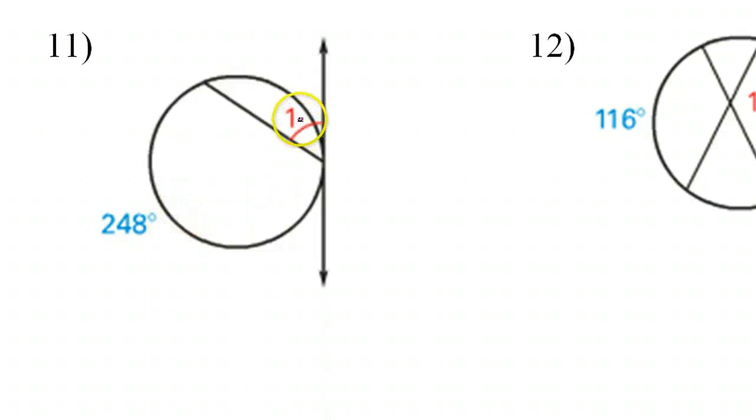So, we're supposed to find the measure of angle 1 over there. And, well, let's do this. This major arc out here is 248. So let's just subtract from 360.